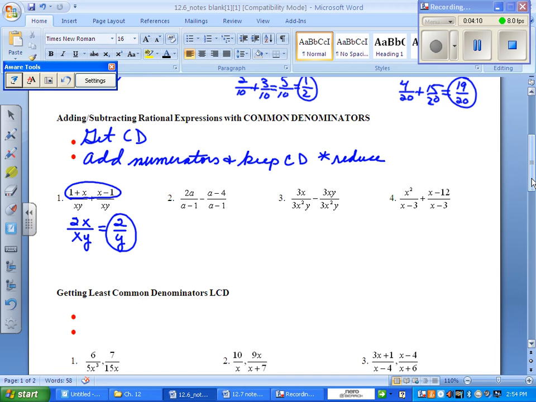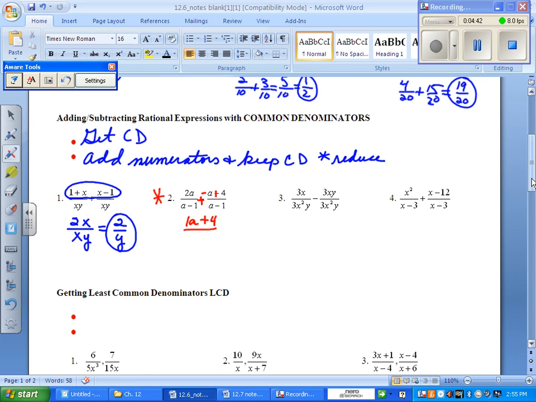Second one, this is a big deal here. You need to make sure that when you have a minus, you distribute that minus to the next quantity. So I'm going to put this as plus, and it distributes that negative to the terms in the next numerator. So now I'm going to add like terms in that numerator since my denominators are the same. So in my numerator, I have a 2a minus an a. That gives me just a 1a. And then I have a plus 4.